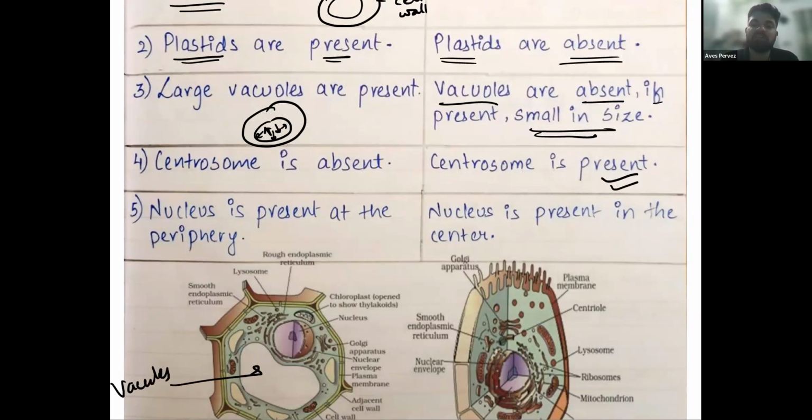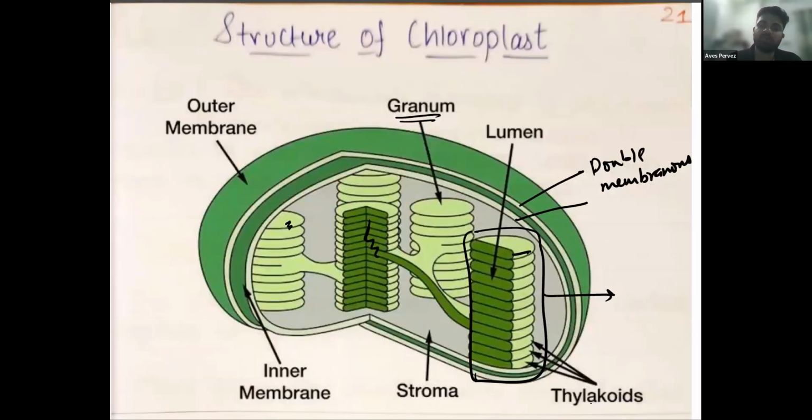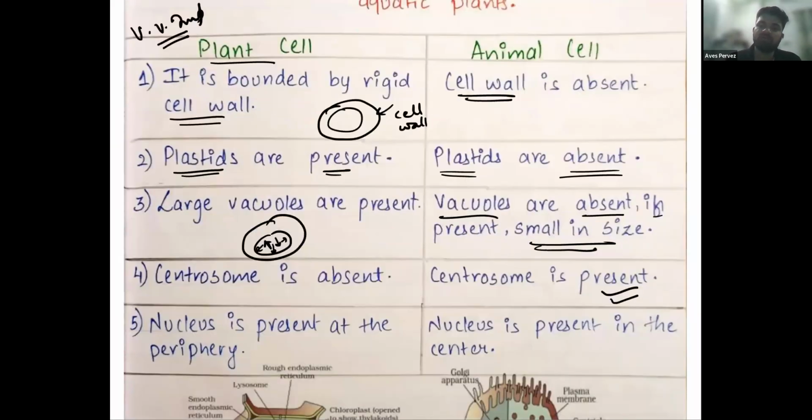But here it is present in the center. Got it? Yes, sir. Abdul, you understood properly what I have taught? Yes, sir. So please note the difference. This is very, very important.